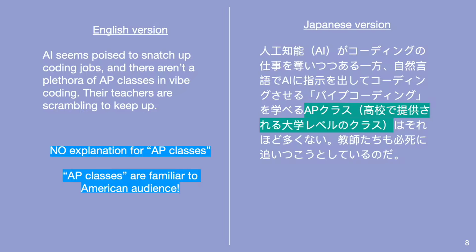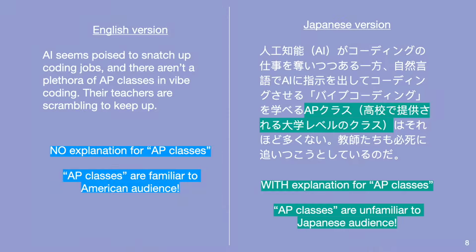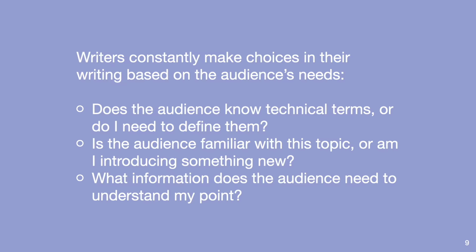The reason why there is no explanation for AP classes in the English version is that American audiences are familiar with the concept of AP. And the reason why Japanese translators need to add an explanation is that most Japanese have no idea what AP is. That's exactly what this essential knowledge is about.